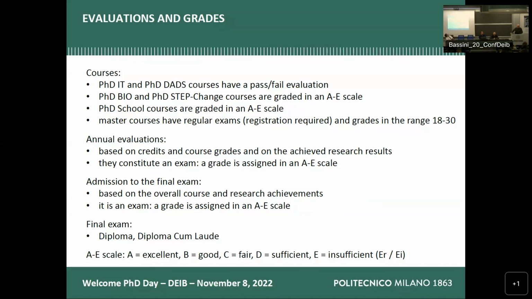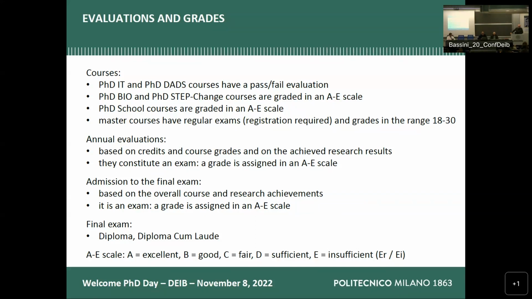And also PhD school courses are graded from A to E, while master courses are graded from 18 to 30. Annual evaluations are based on the credits that you get each year and on the achieved research results, and again, you will receive a grade on an A to E scale.